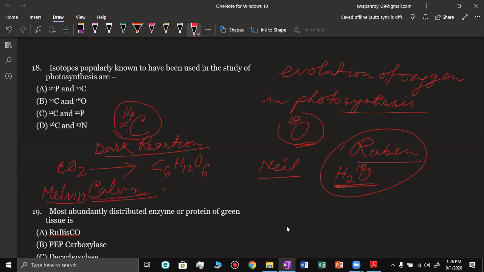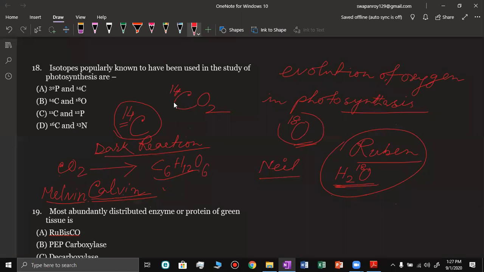He used carbon dioxide in which the carbon was heavy. So radioactive carbon was used to determine the different intermediate products of the dark reaction in the process of carbon dioxide reduction.